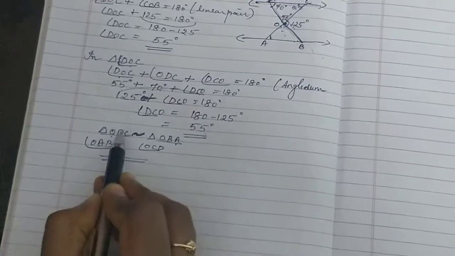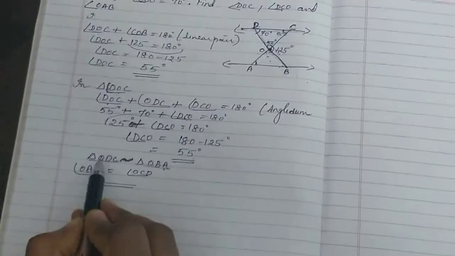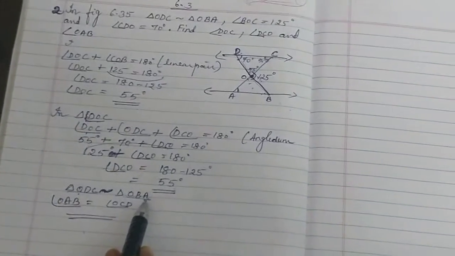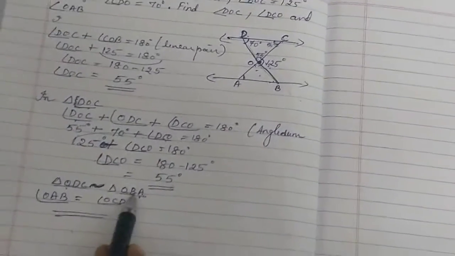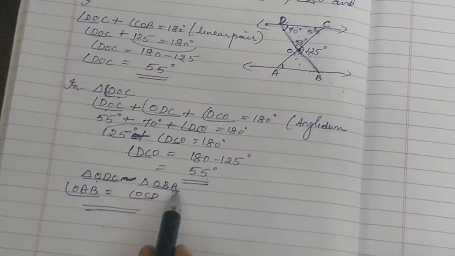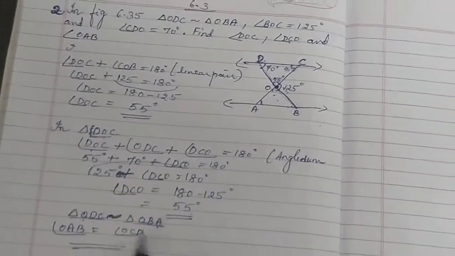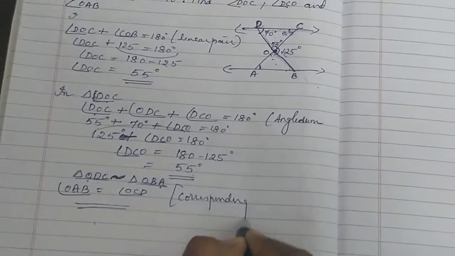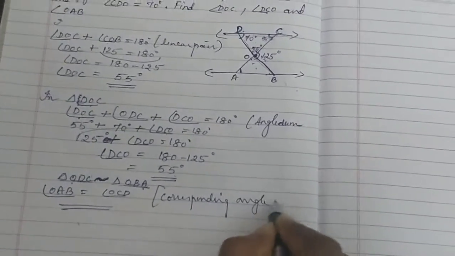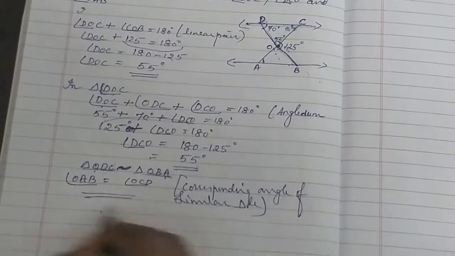Angle O and angle O, angle D should be equal to angle B, angle C should be equal to angle A. So that is the naming criteria of triangles. And the sides also: OD will be proportional to OB, DC will be proportional to BA, and CO will be proportional to AO. So angle A is equal to angle C. We can write it is the corresponding angle of similar triangles.